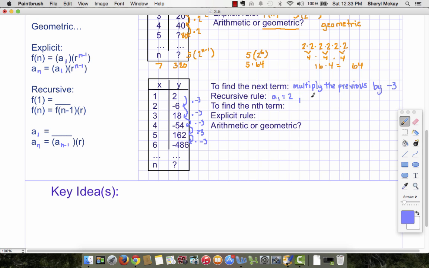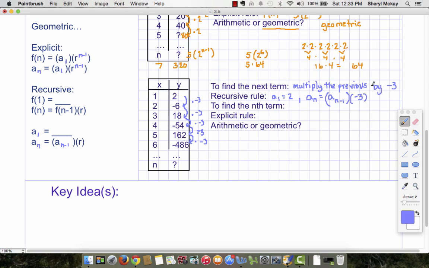And then I'm going to say a sub n is equal to a sub n minus 1. So that means the previous term, the term prior to a sub n, and I'm going to multiply that by our constant ratio, which is negative 3.